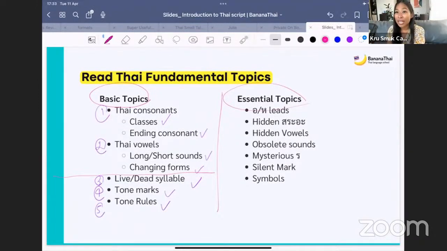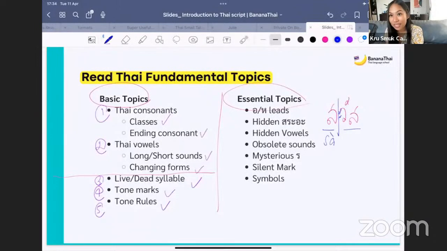Sometimes there are many words with hidden sara'a. For example, the word sawat in sawatdi. This is sa, this is wa, but sara'a disappears. Now you need to learn this rule, hidden sara'a.